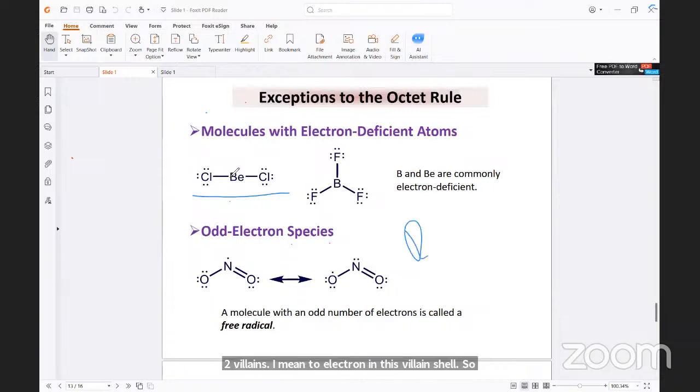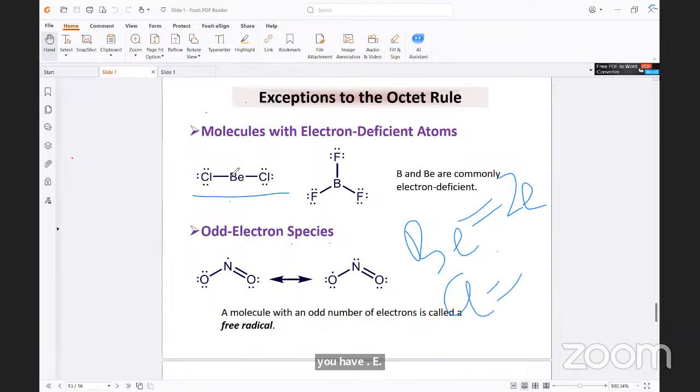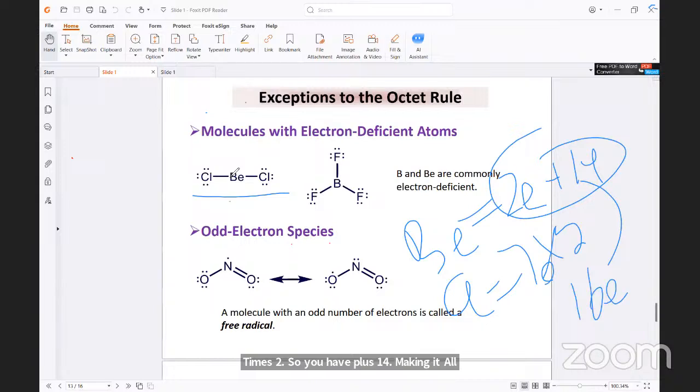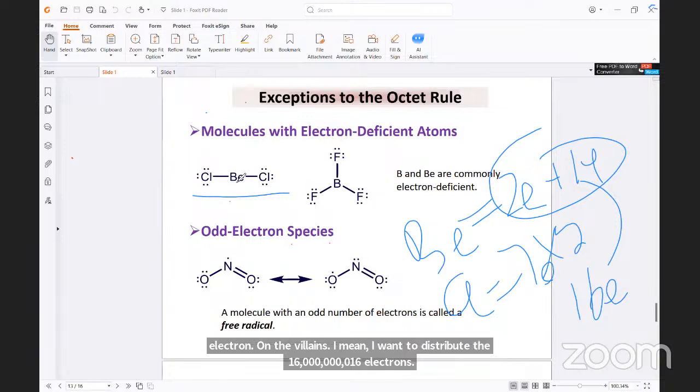So you have Be having 2 electrons, and chlorine will have 7 electrons times 2, so you have +14, making a total of 16 electrons. Now, I want to distribute the 16 electrons on the valence. I have beryllium as a central atom.